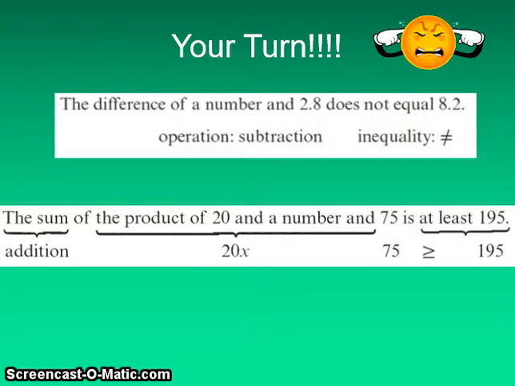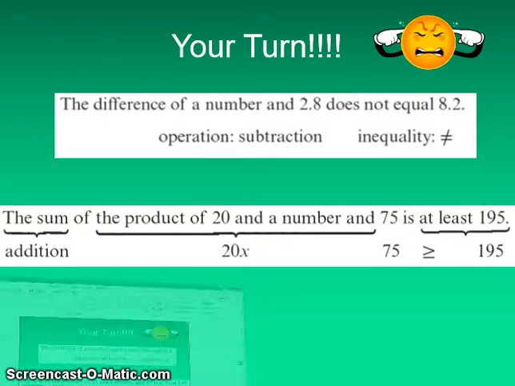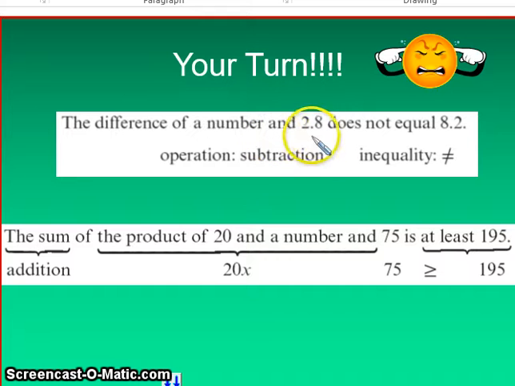Alright, now here's another one that needs to be in your notebook. It says the difference of a number and 2.8 does not equal 8.2. Now this word right here, difference, tells us that we're going to have to use subtraction. And this right here that says does not equal tells us we need to use the inequality symbol does not equal.